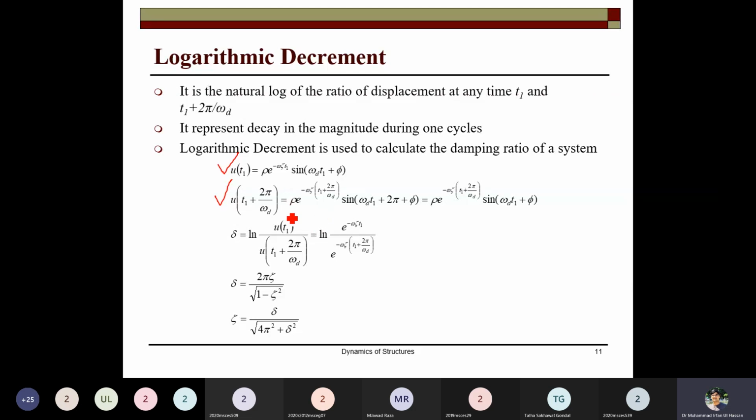When you solve it, first write down the equation, and then you take the delta, which is the increment or decrement actually. So the decrement can be represented by log of u(t1) over u(t2). Both decrements can be represented this way.